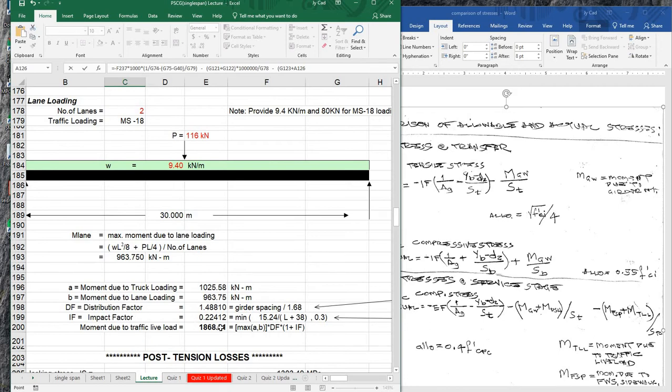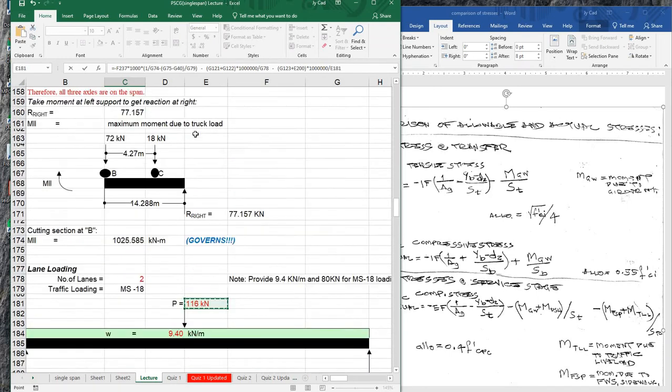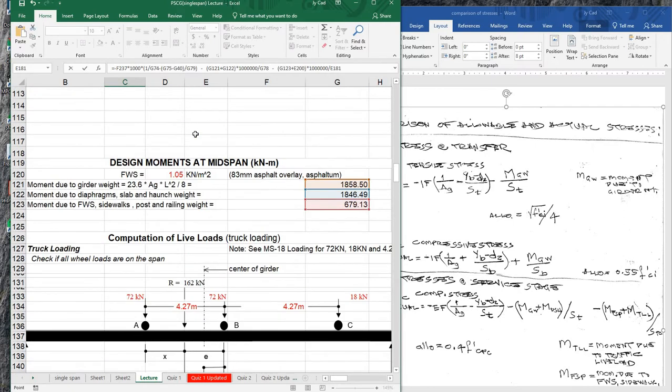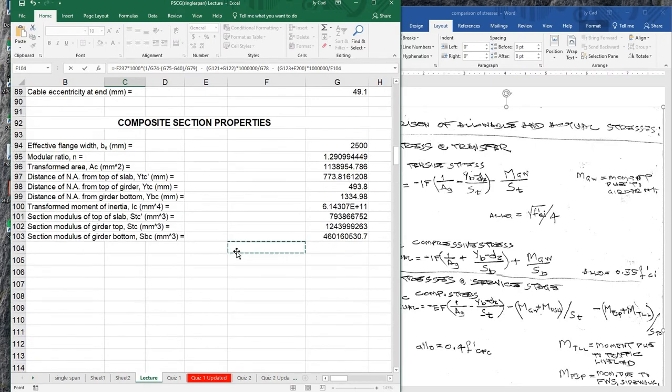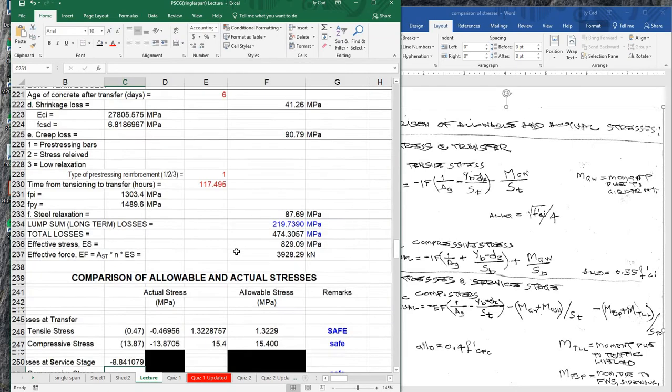This one. Okay? Not the truck loading, not the lane loading, but the moment due to traffic live load. And then, multiply this again by 1 million. Okay. And then divided by STC. It is in the composite section properties. Then you press enter.